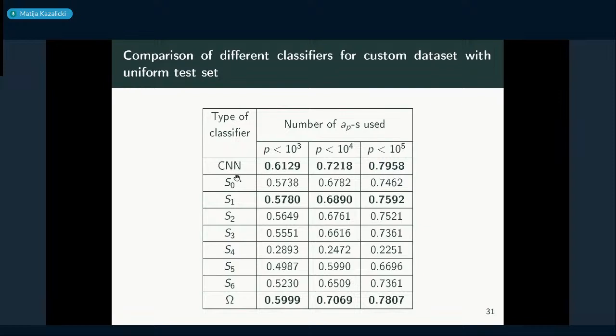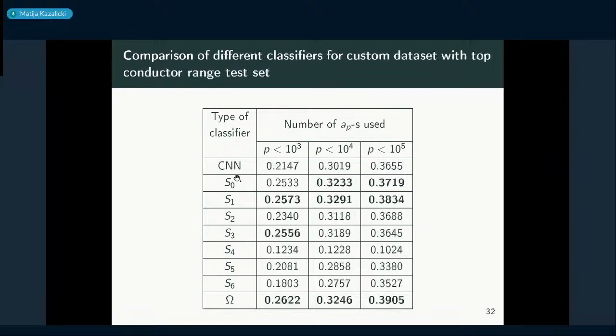Also, if you take the top conductor range, so if you look at just the classification of the elliptic curves of conductor between 10^29 and 10^30, we see that all the models are not performing very well, and here the CNN is not any better than the other sums. Here the omega is outperforming the CNN.